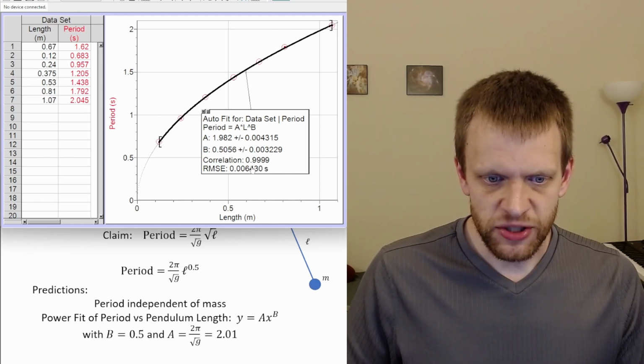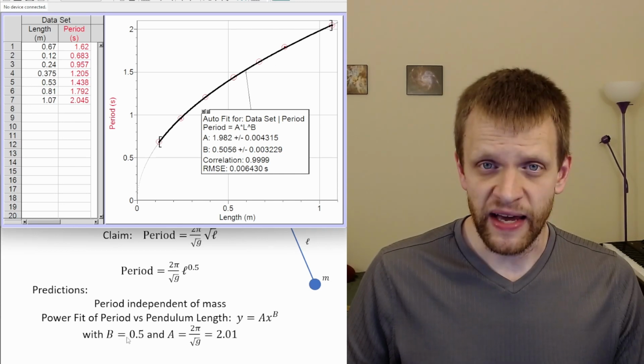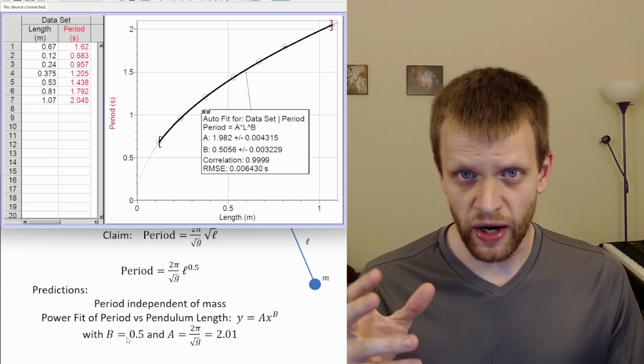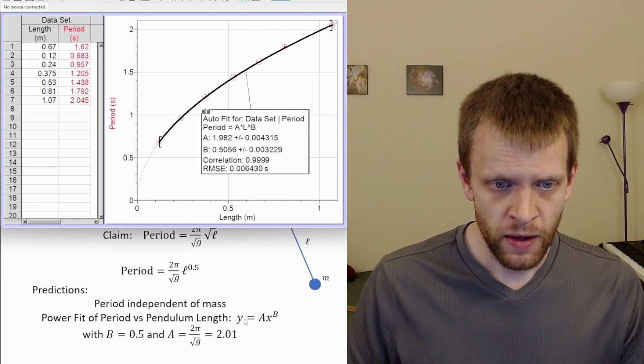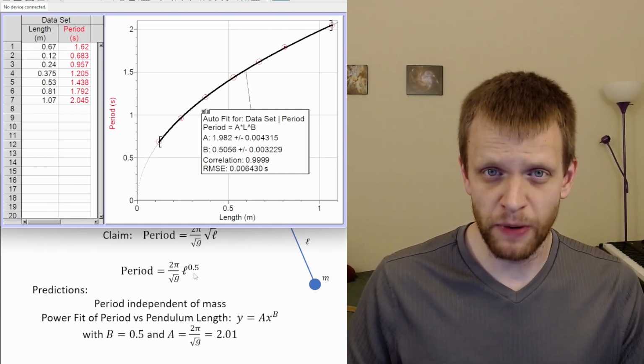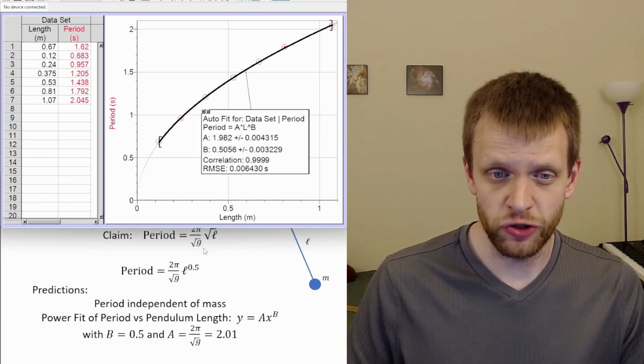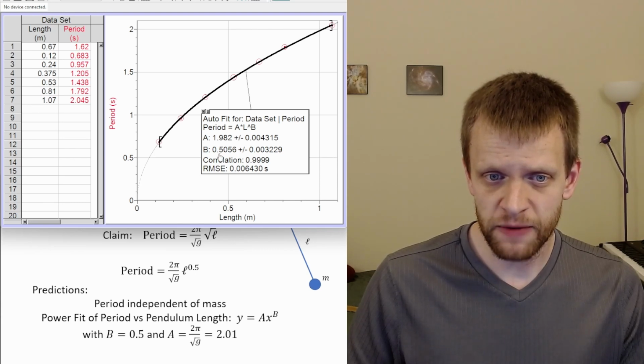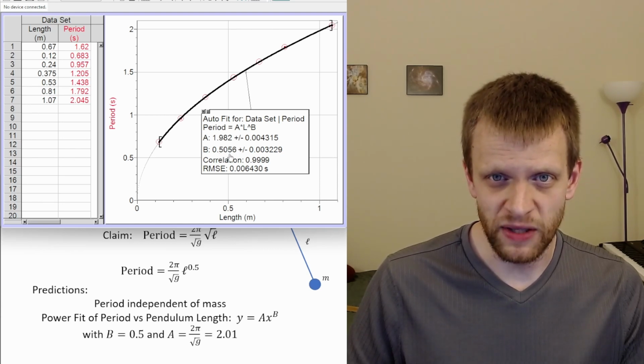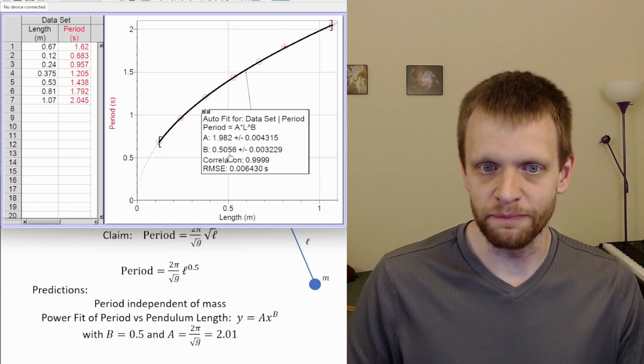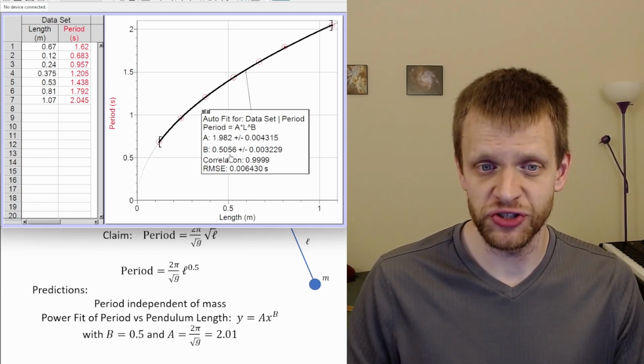Let's look at some of these values. Based on this model and what we got from dimensional analysis, this exponent for this graph should be 0.5. We got 0.506, so we'll even be a little pessimistic on this.